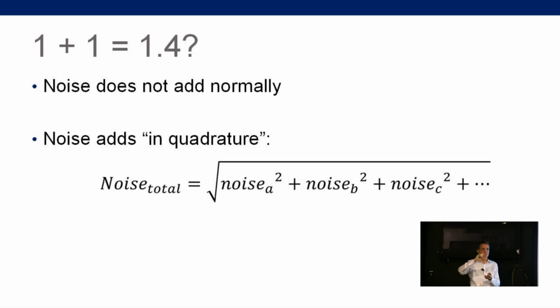It's not going to be the square root of 100 plus 100. You would get too large of a number that way, right? So we know that the noise is only growing with the square root. So to account for that, you have to look at noise in quadrature. It adds in quadrature.